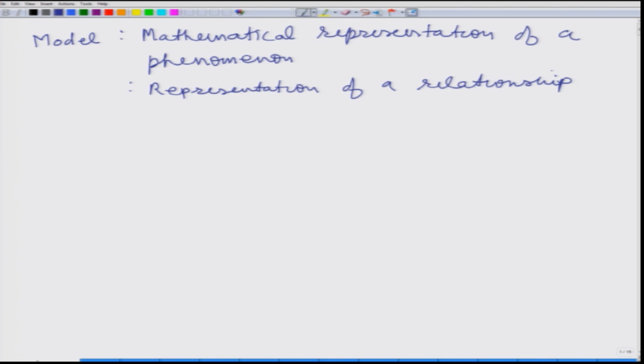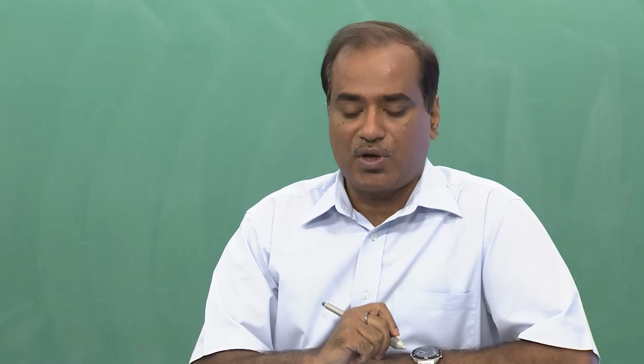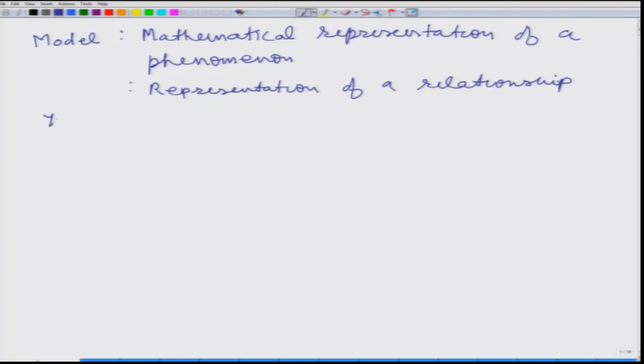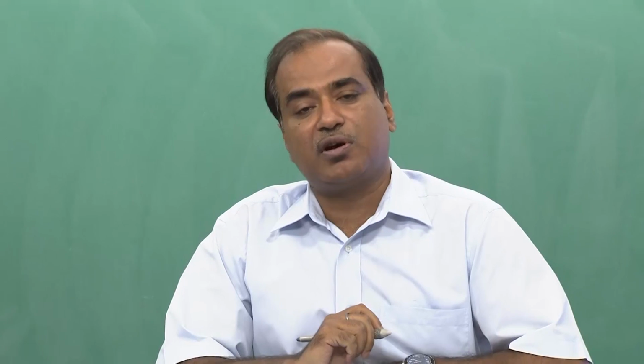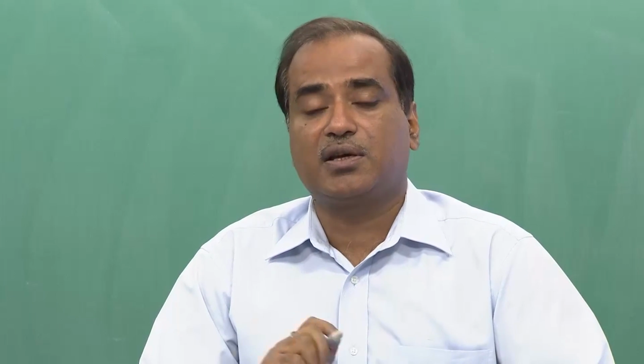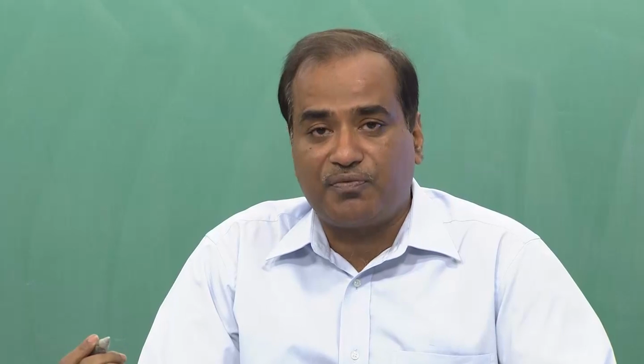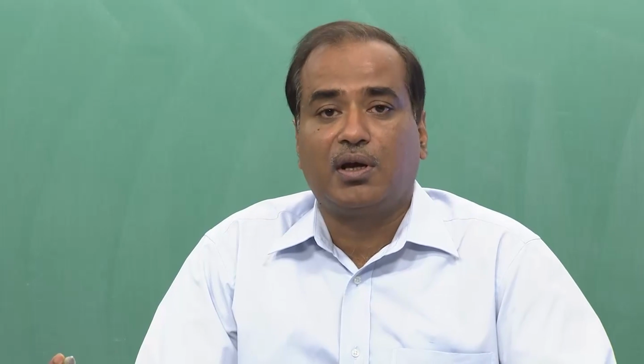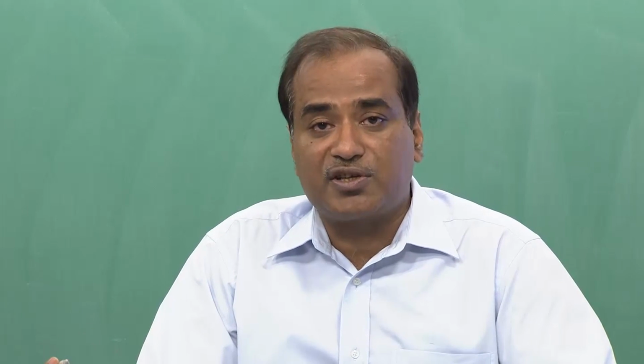Now, let me take a very simple example to explain. For example, yield of a crop depends on several factors, like quantity of fertilizer, quality of fertilizer, irrigation, rainfall, temperature, and so on.